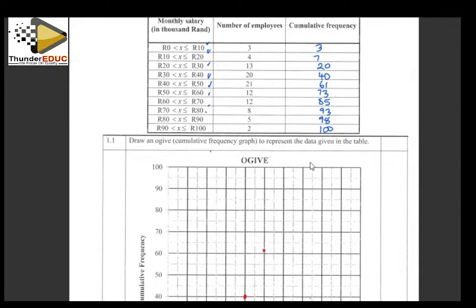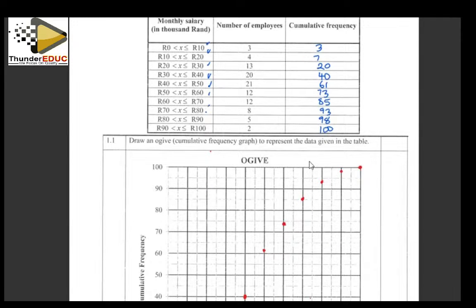Then 73 for the next one, slightly below 5. And then we have 85, which is exactly in the middle there. We have 93, which is slightly below. Then 98, somewhere there. And then we shall have 100, which is at that point.